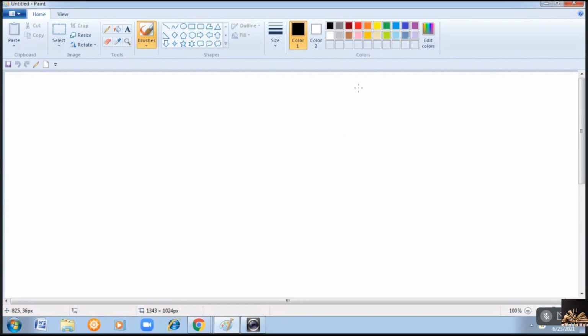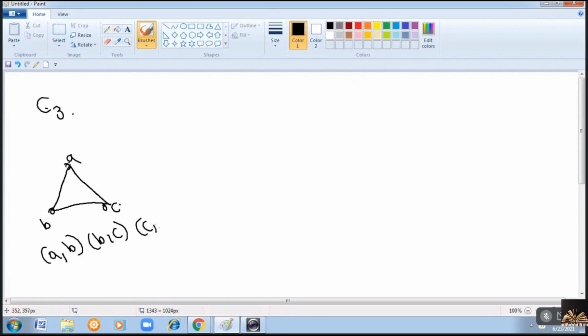Let us see some examples for the cycle graph. If there are 3 vertices, then the cycle graph is C3. So A, B, C. What does it mean? It starts from one vertex, has to travel through all the vertices, and should come back to the same vertex. Now what are the edges? A comma B, B comma C, and C comma A. So it started from vertex A, visited all the vertices and came back to the starting vertex A. So we can call it a cycle graph of length 3.